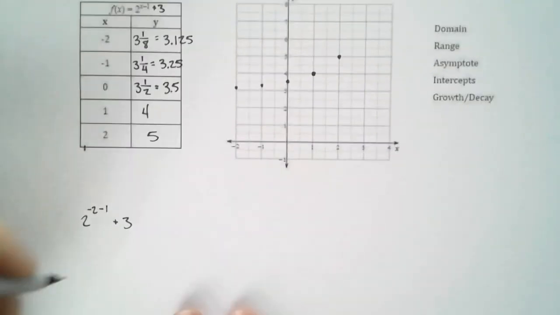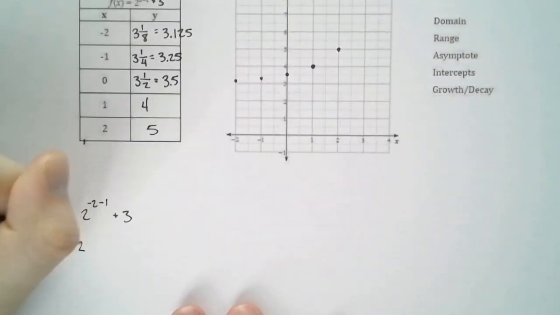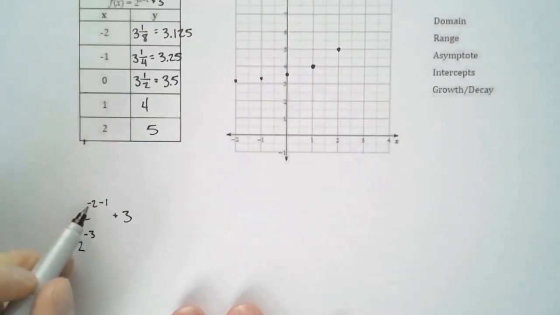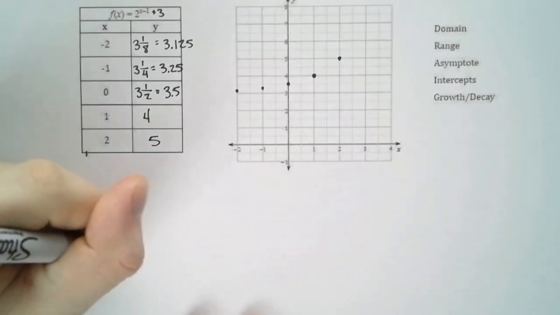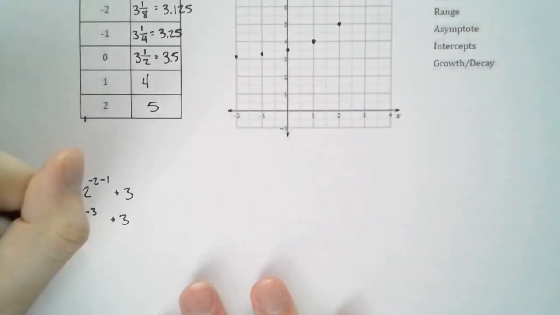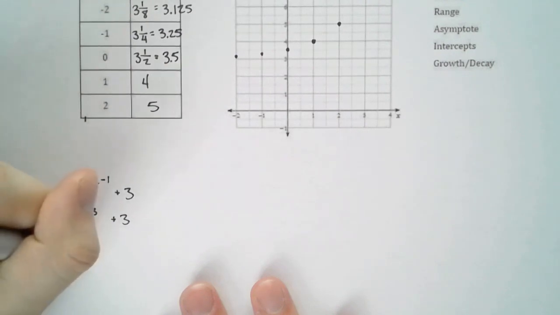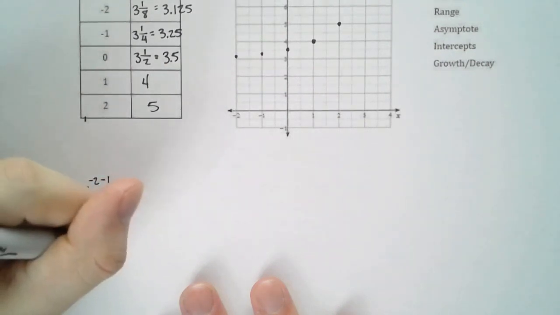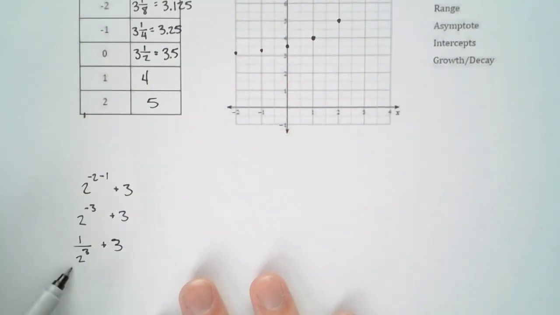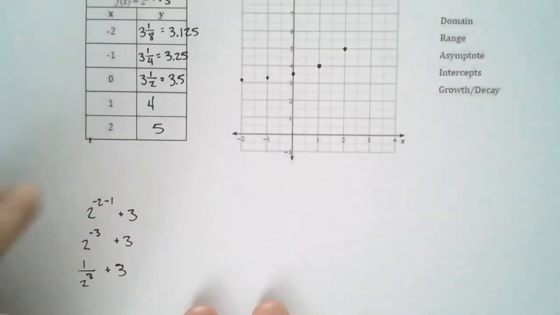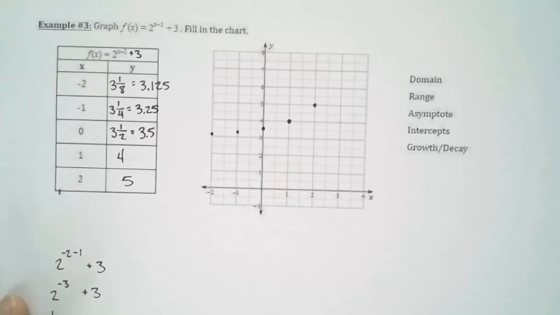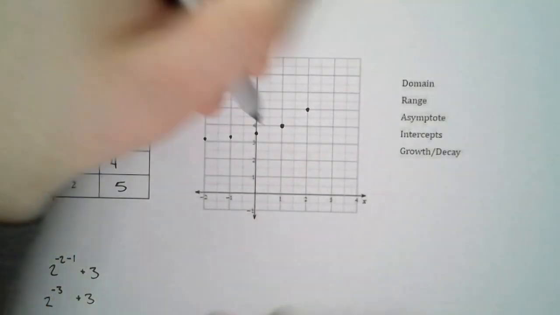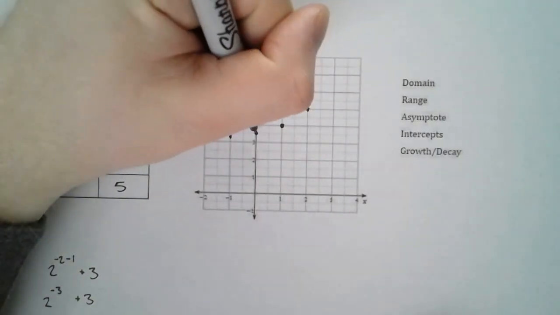So this is really 2 to the -3rd power. -2 minus 1 is -3 plus 3, which is the same thing as 1 over 2 cubed plus 3, and 2 cubed is 8. That's where I got 3 and 1/8. So this becomes 1/8 plus 3, 3 and 1/8. All right, so make sure you're doing your exponents properly, and then we can go ahead and draw in our lines here.